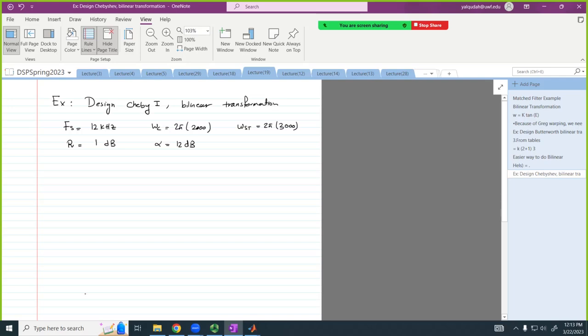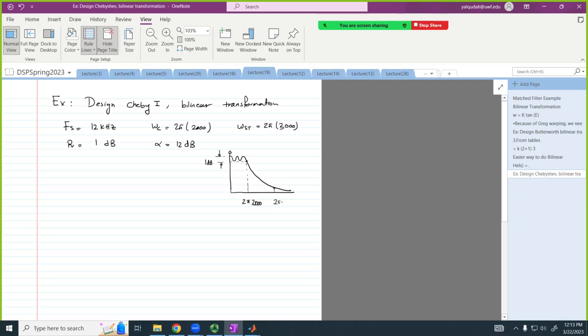So if we were to plot the filter that we want, this is 1 dB. This is 2 pi multiplied by 2000.